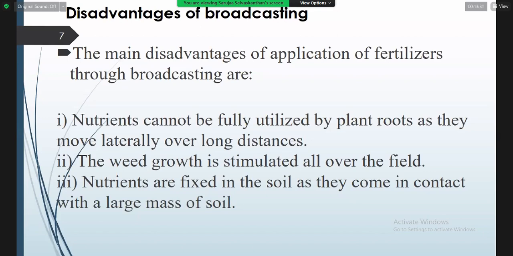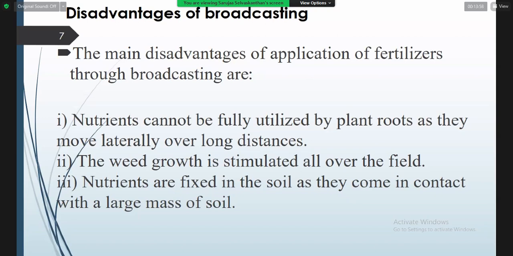In the broadcasting method, we apply more fertilizer than the needed amount, so the plants can't use it fully. Nutrients cannot be fully utilized by the plant roots as they move laterally over long distances, because they are distributed everywhere.